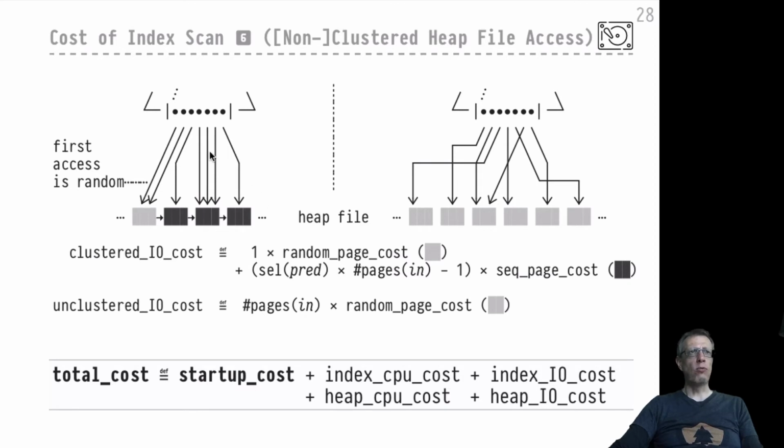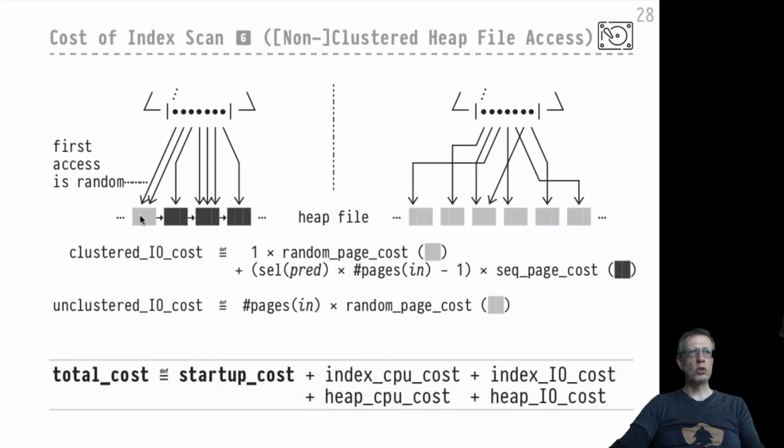All right, so following the page pointers, the RIDs, from the index leaf level into the heap file, the very first access here on the left-hand side will hit a page that will probably not be in the database buffer. We will probably have to seek on the disk to access this particular leftmost page in our heap file scan.